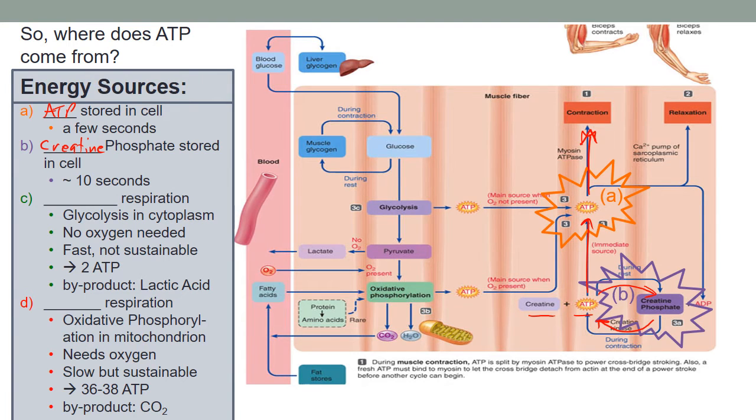But most of the time, getting our bodies down the court to the basketball hoop, for example, we need more than 10 seconds of energy. And so when 10 seconds is reached, we've used all the batteries in our cell. We've used the ATP battery and the creatine phosphate backup battery. So we need to start pulling fuel into our cell and burning that fuel to make energy.